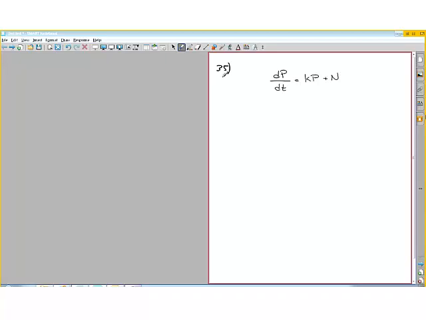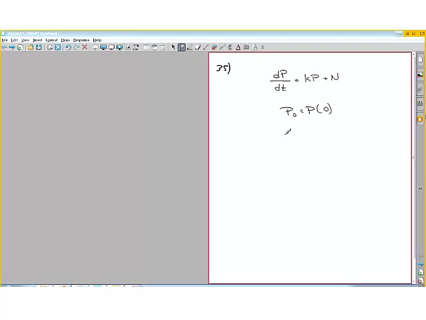Okay, solve this differential equation to find P as a function of time if at time t equals 0, the size of the population is P0. So that's our differential equation. Our initial condition says that P0 is the population at time t equals 0.